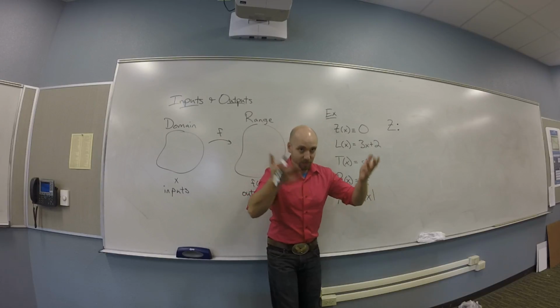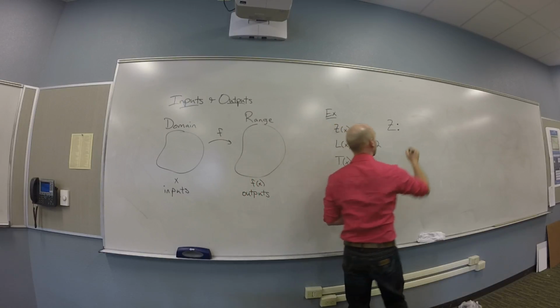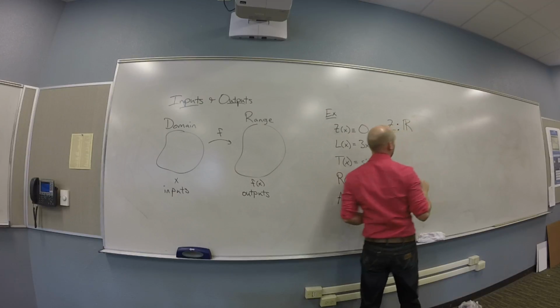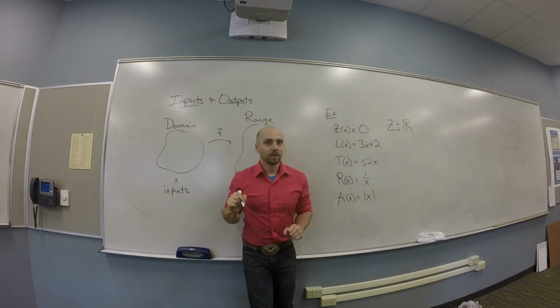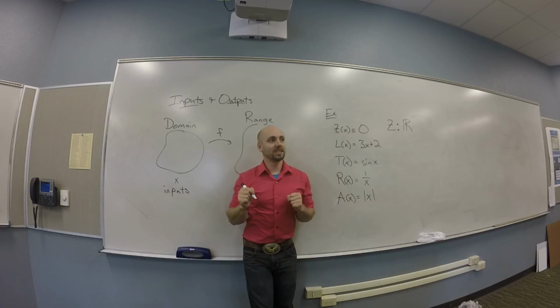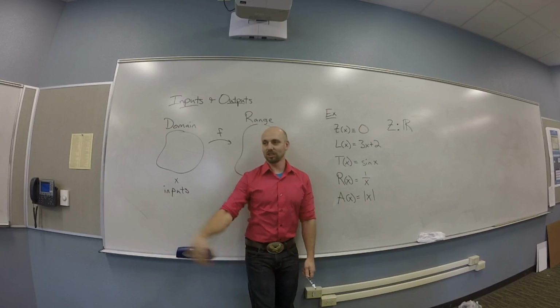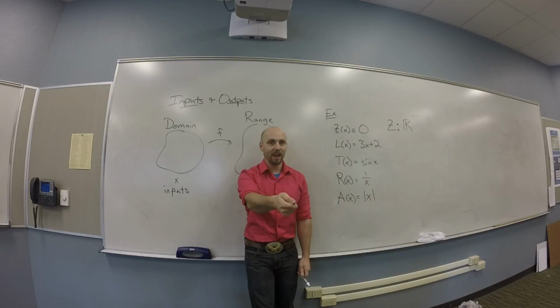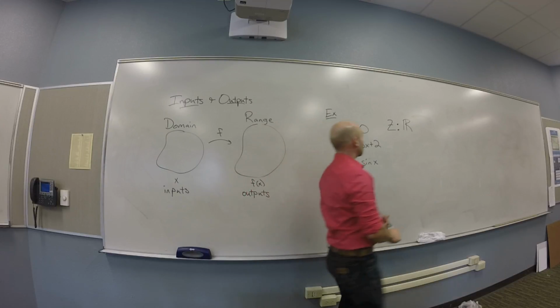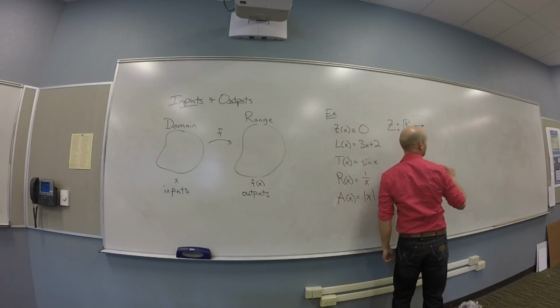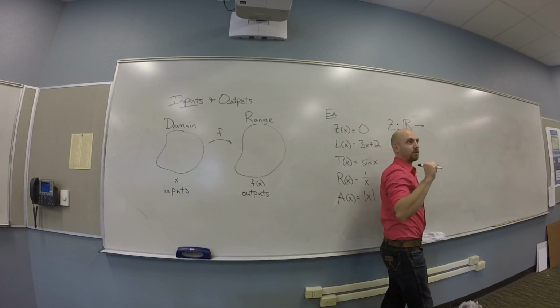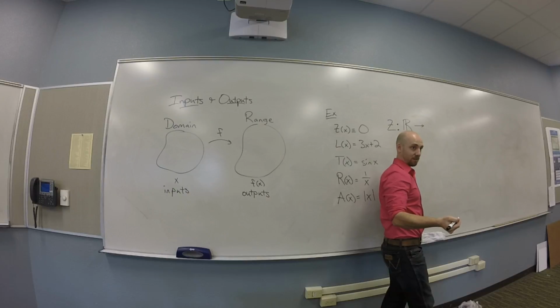All real numbers. And what does z output? 0. So z is a funny function, right? It takes whatever you give it, tosses it, and gives you 0 back. So this goes from the real numbers to 0, just the one thing by itself, right?